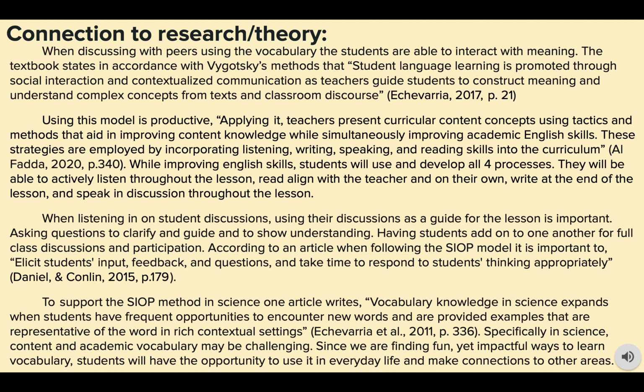Since science is really content and academic vocabulary based and it can be challenging, we provide fun yet impactful ways for students to learn vocabulary through visuals, songs, projects, worksheets, etc. Students will have opportunities to also use what they learn in everyday life and make connections to other areas.